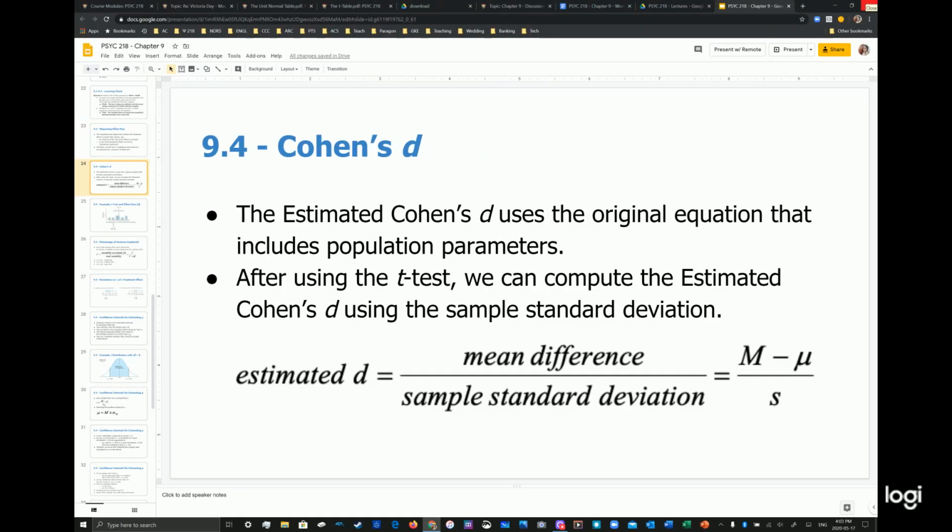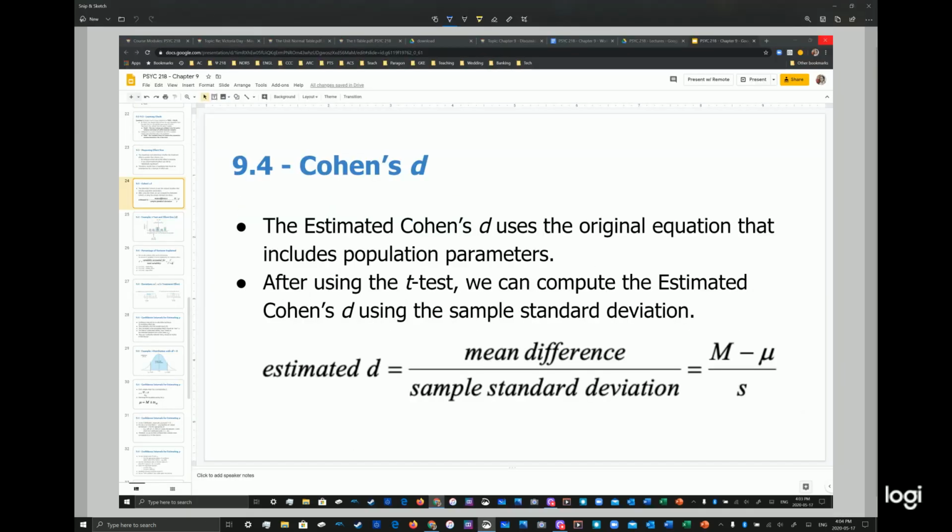So, for this course, we can use the same technique and formula for t-tests as well. Notice the difference here. When we use Cohen's d, it is now the estimated Cohen's d, the estimated effect size, because again, we don't have population parameters. However, we can still do Cohen's d, except this time it's the estimated value.